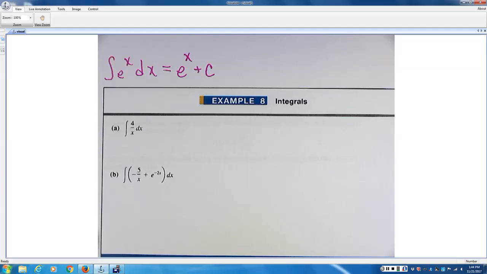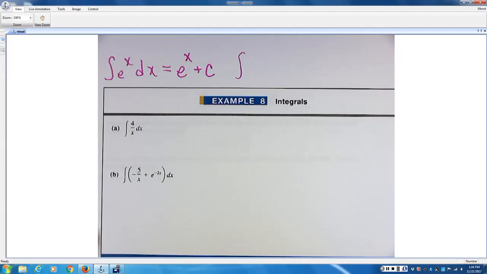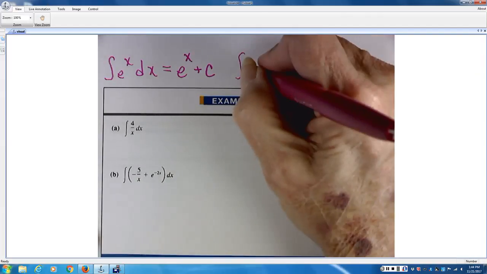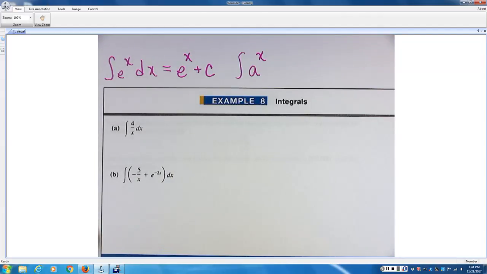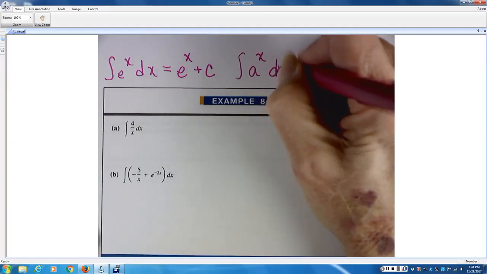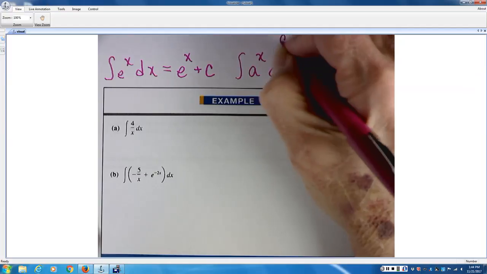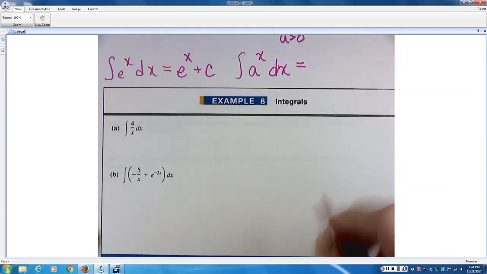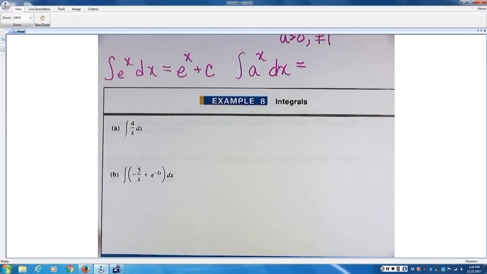And the integral of a to the x dx, where a is a number other than e, as long as a is positive, and not equal to 1.